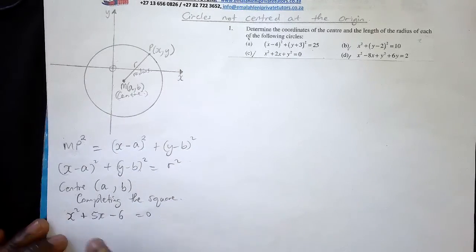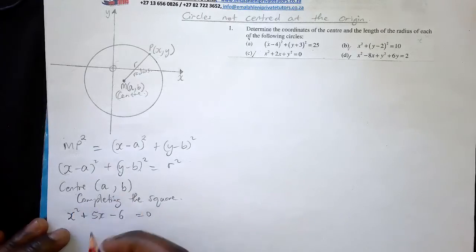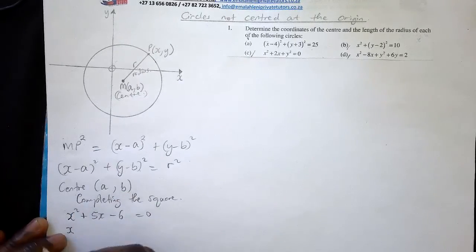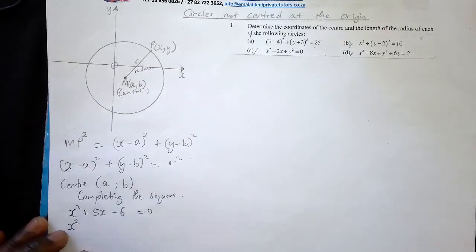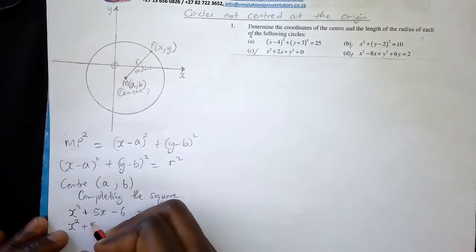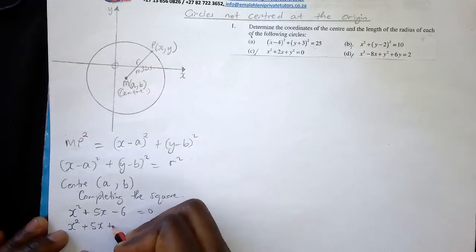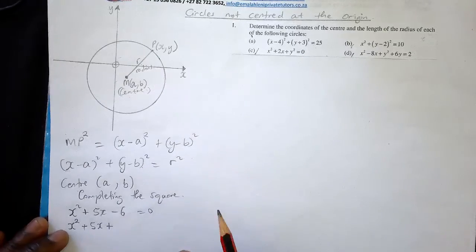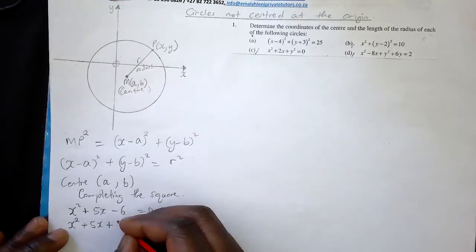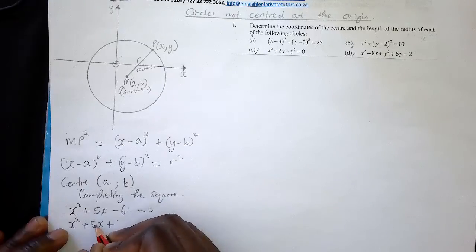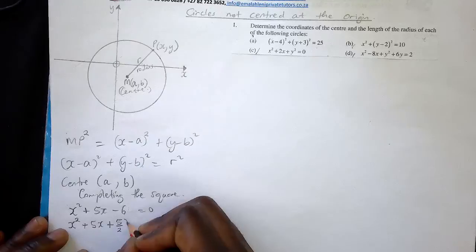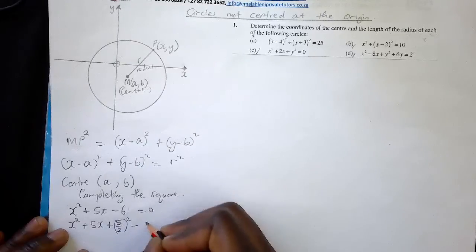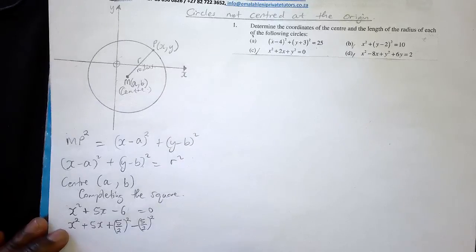So what you do when you want to solve this using completing the square, you want to have a perfect square. You're going to say x squared plus 5x plus, we are going to modify this expression by adding and subtracting half of the coefficient of x, which is plus (5 over 2) squared minus (5 over 2) squared.